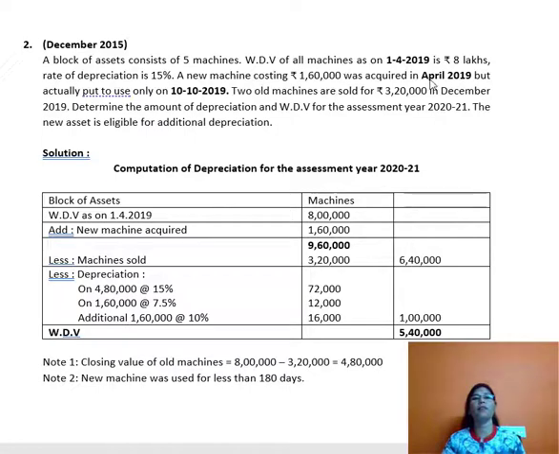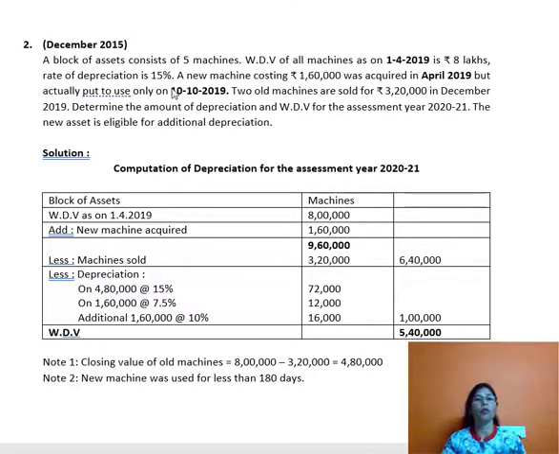This machine which was acquired in April 2019 was actually put to use on 10th October 2019. So from 10th October, if you count the days, so 20 days in October, then November, December, January, February, March. So it comes less than 180 days.